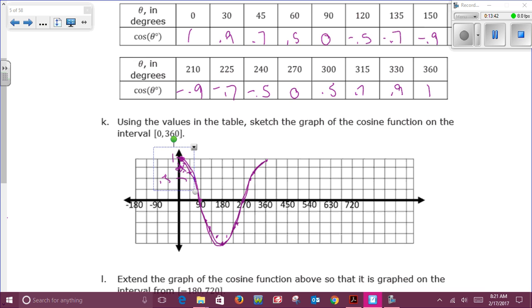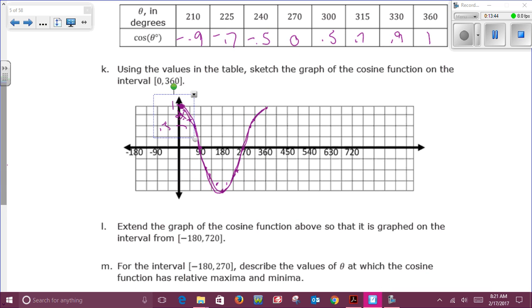And now I need to do the same thing I did with the sine and extend it in both directions. So I'm just going to put a few key points on. And this one goes this way.